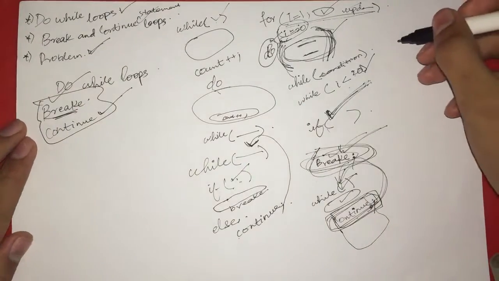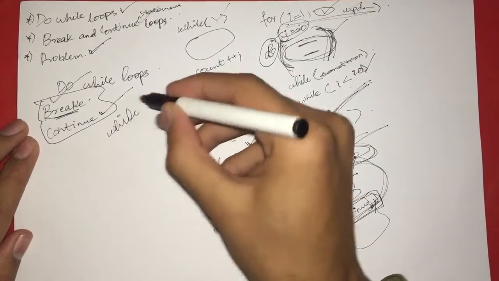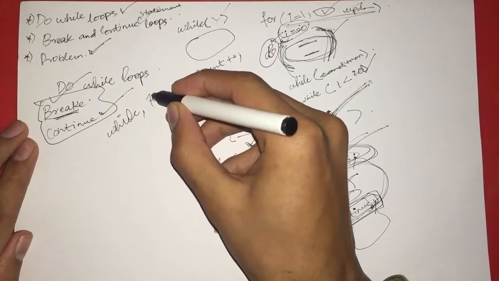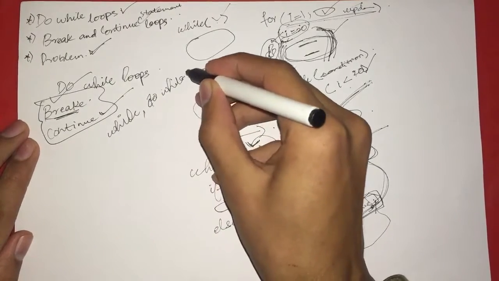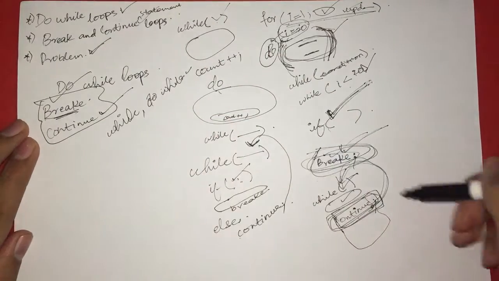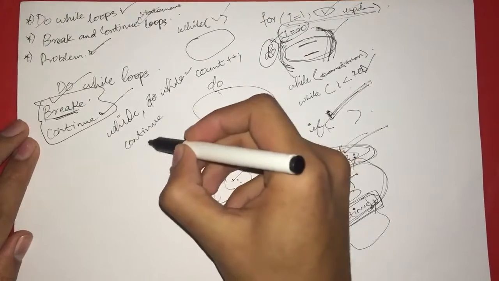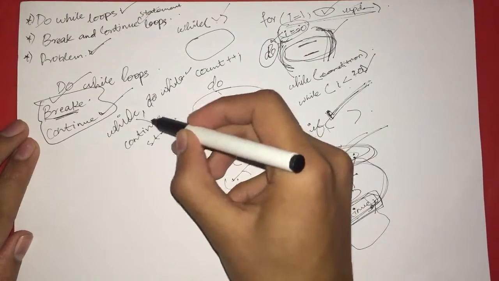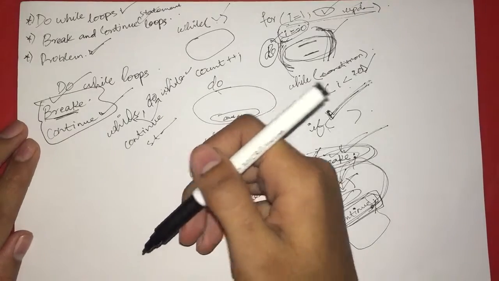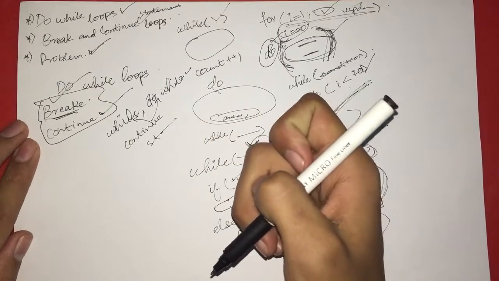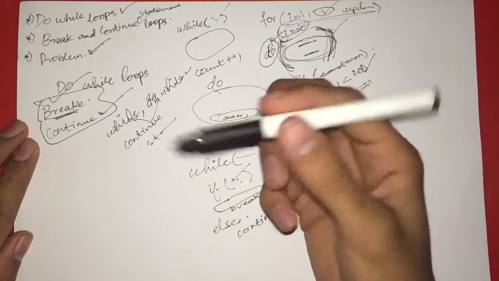Also, in while loops and do while loops, when you use a continue statement, the counter or the update statement may or may not be read by the compiler, so your counter may or may not be updated.